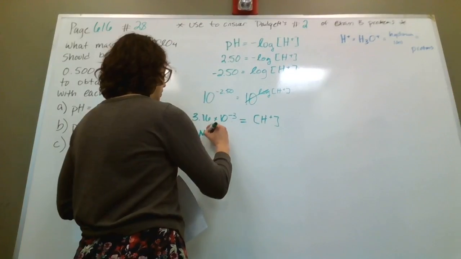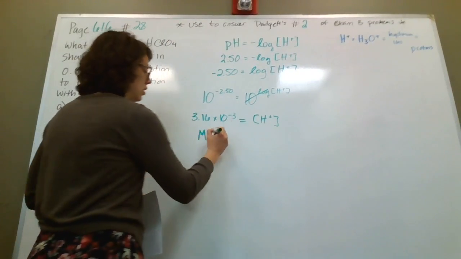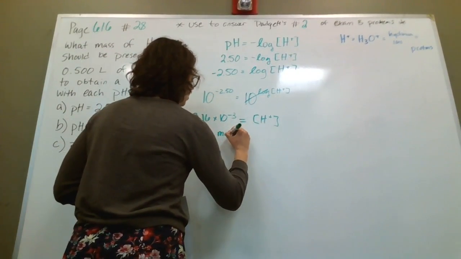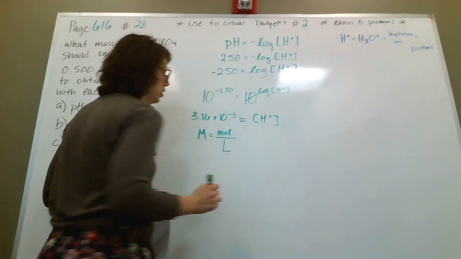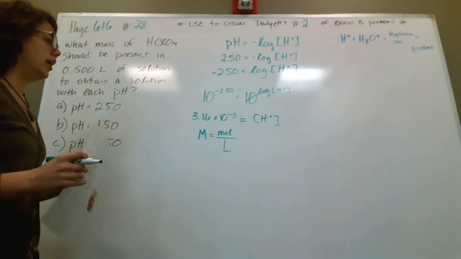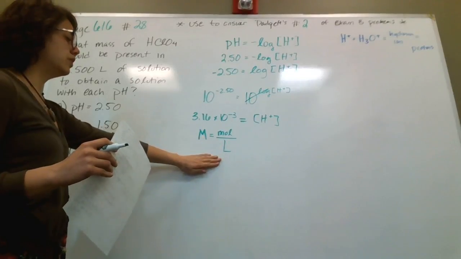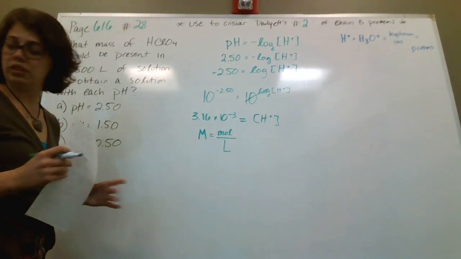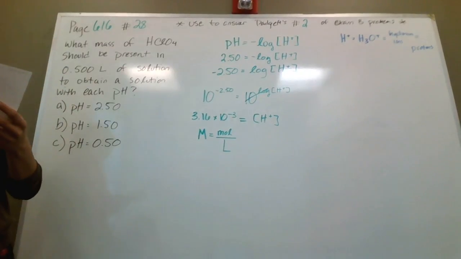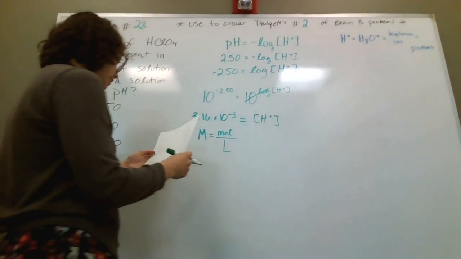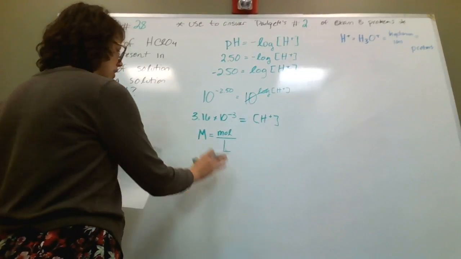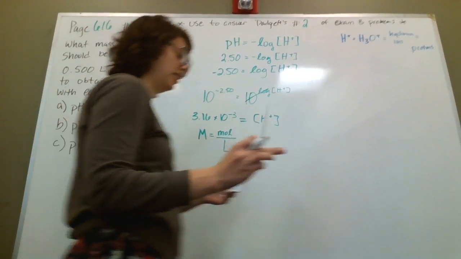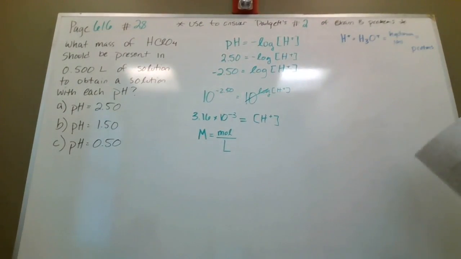So that's capital M. That's also mole per liter. And we can use this conversion to do another conversion of grams per mole using the periodic table. And so I'm just going to tuck this information away and use a periodic table to derive my grams per mole.